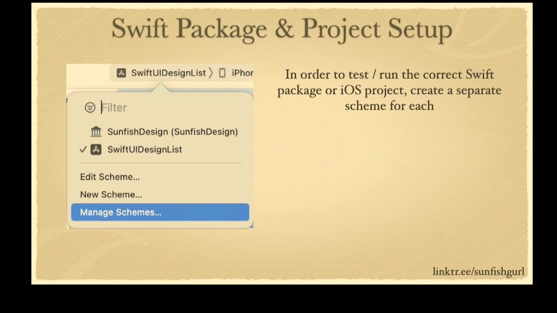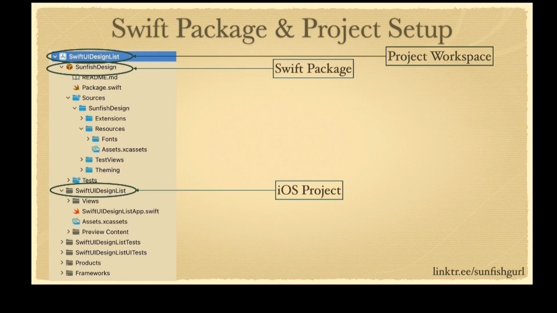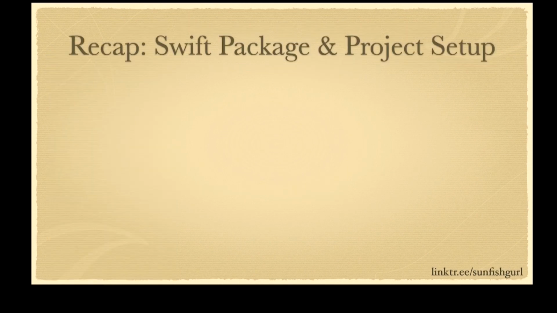And in order to test or run the correct Swift package on your iOS project, make sure to create a separate scheme for each of them. Now, if you set up your project correctly, you will see both your Swift package and your iOS project in the same project workspace, but they each live in their own space and they will not overlap one another.